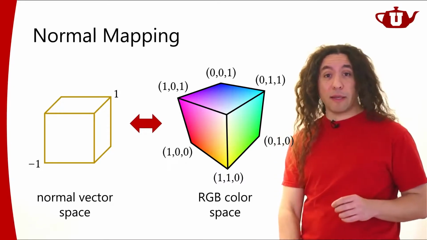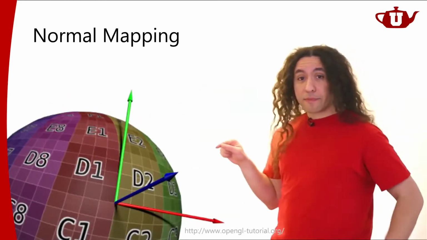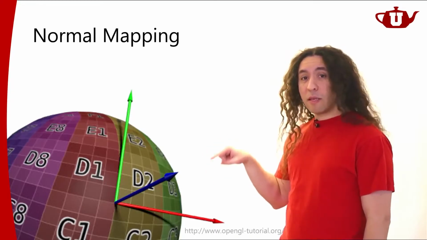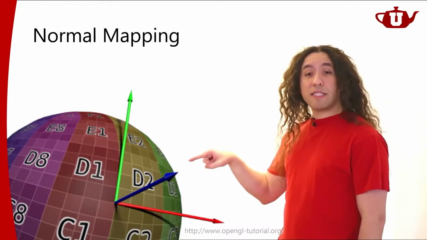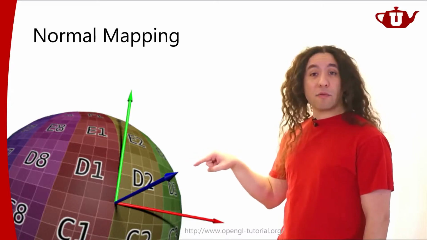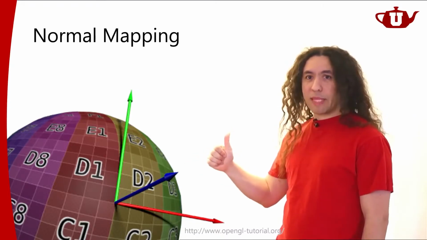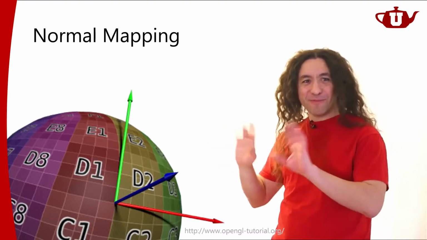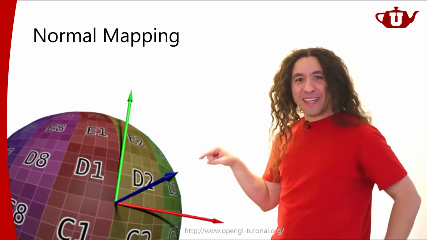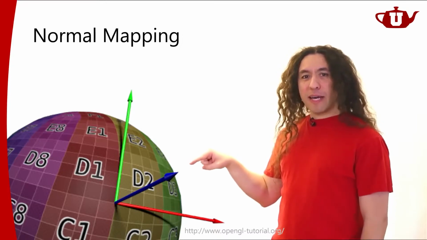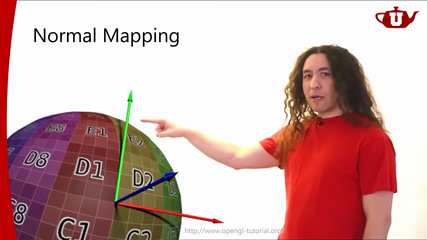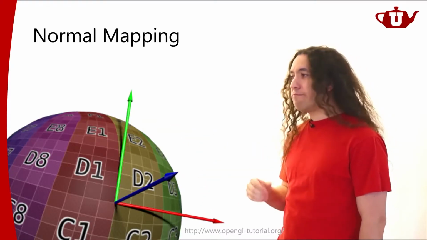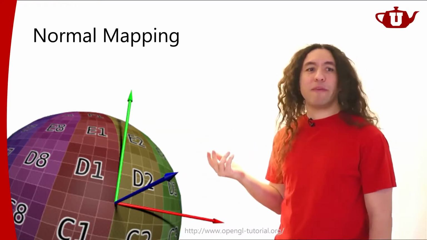So here's what I mean. We're going to define these X, Y, and Z coordinates based on the point on the surface. So the Z coordinate is typically aligned with the surface normal, the actual geometric surface normal, before we modify the normals with normal mapping. So Z coordinate will be aligned with that. And for X and Y coordinates, we typically compute them from the texture mapping, the UV mapping.